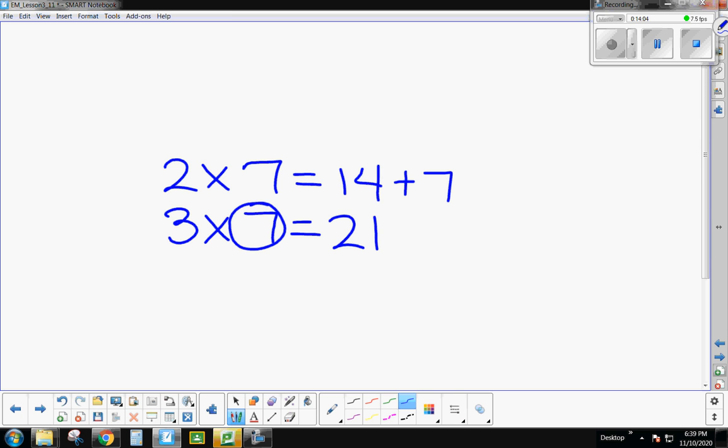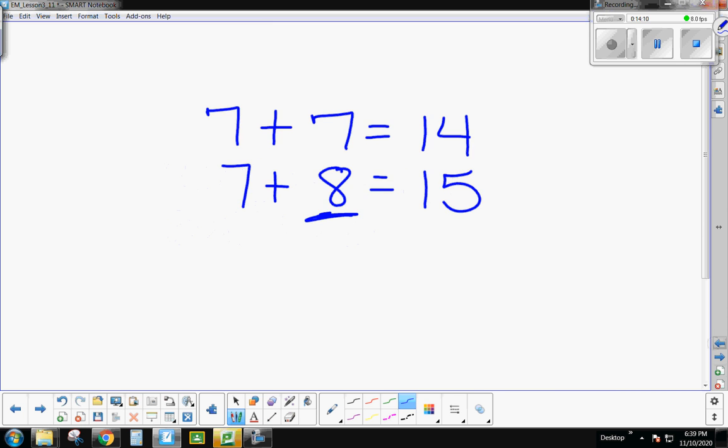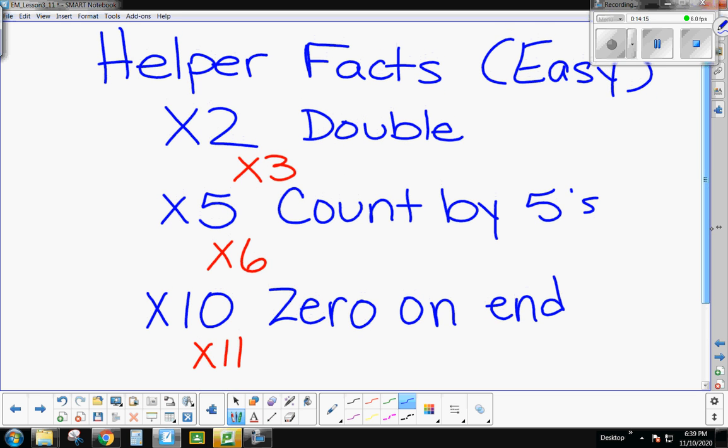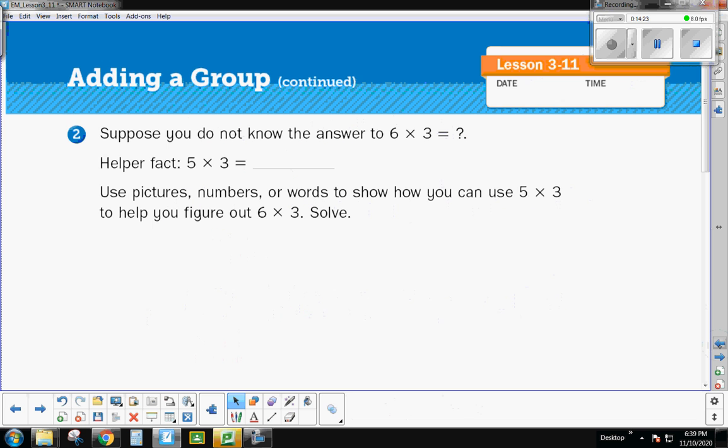Okay, and the more we practice it, the more it's just going to become second nature. But it's just like when you were practicing your doubles plus 1 in 1st and 2nd grade. You use those helper facts, those facts that you already know, to help you do facts that maybe you don't already know. All right, so let's go back to this page.